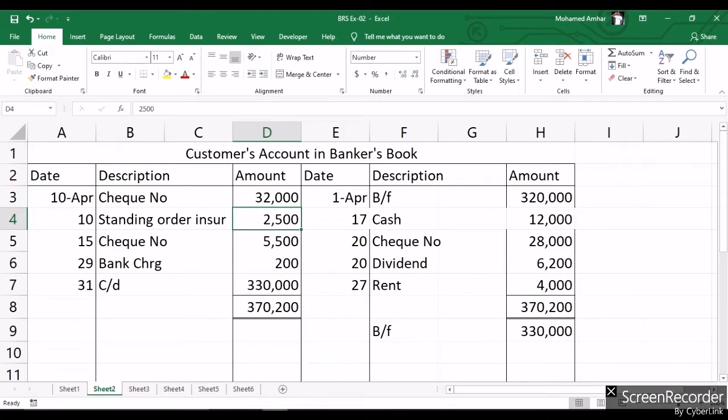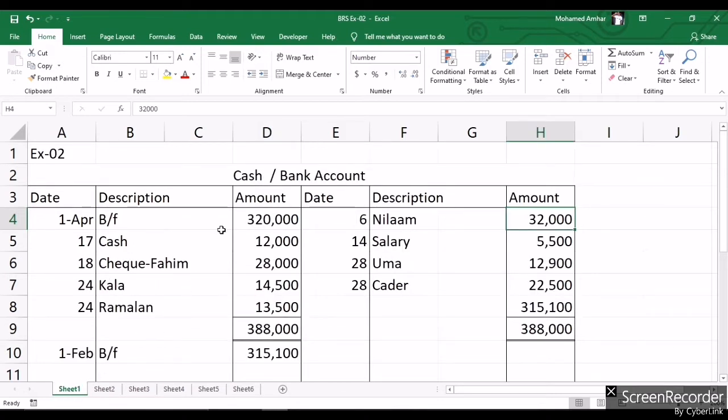But this standing order payment is not known to the organization until the organization receives the bank statement from the bank. Although the organization already requested the bank to pay it, the organization does not know until it receives the bank statement.